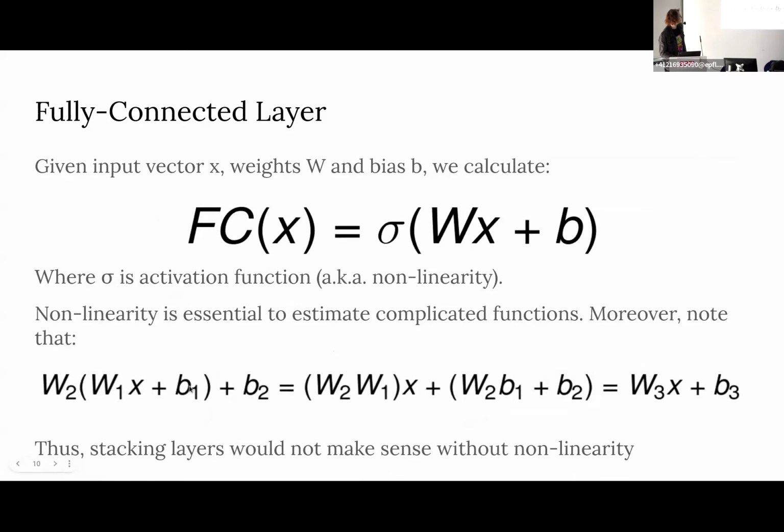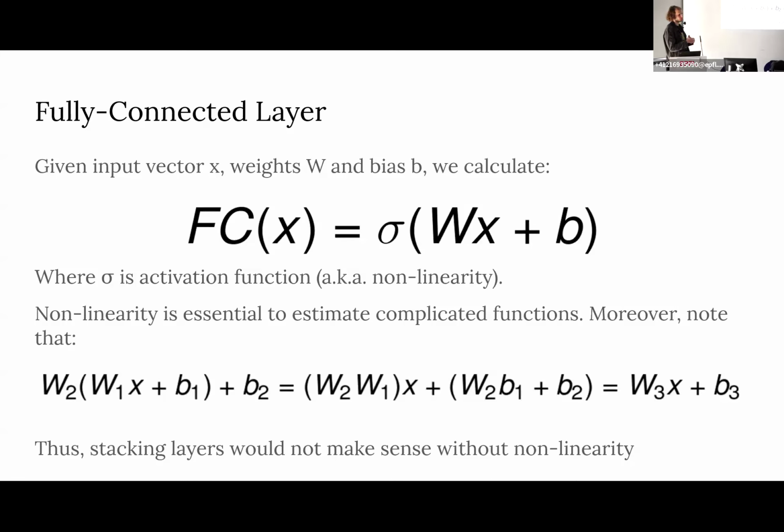If we open the brackets, we'll notice that this can be rewritten as W3x plus b3. Meaning that instead of having two layers, we could have only one with W3 and b3. So stacking linear layers one after another doesn't make any sense. You could use one bigger layer to do exactly the same thing.